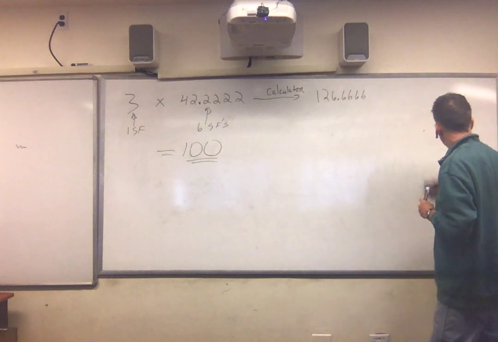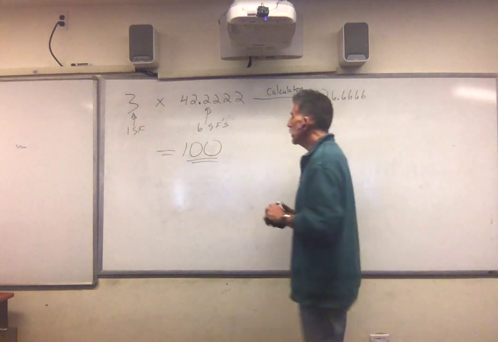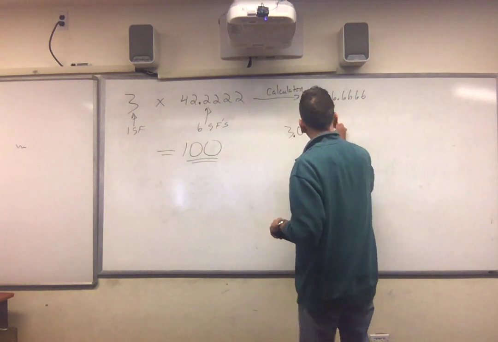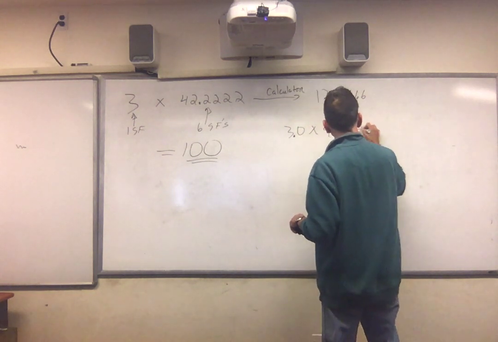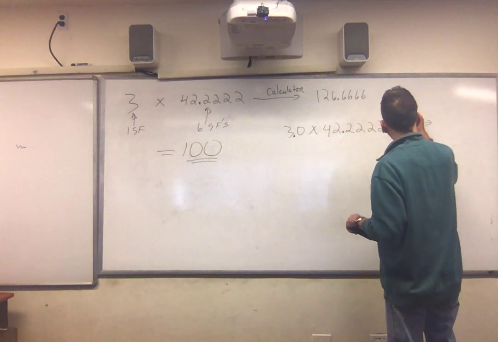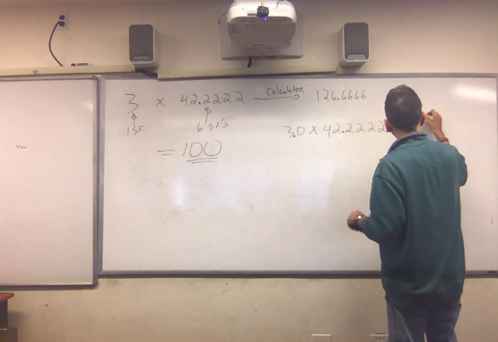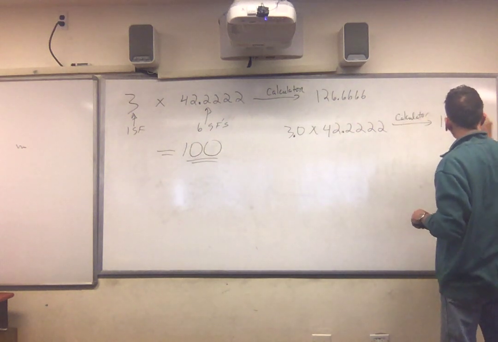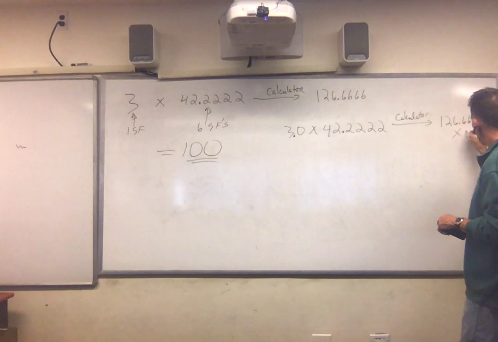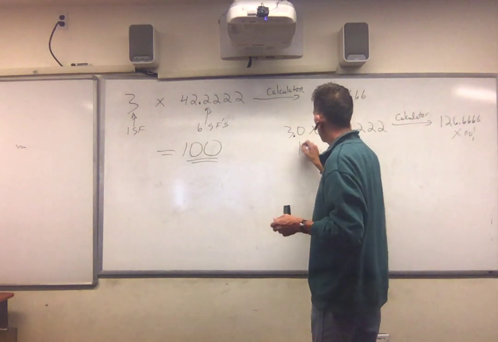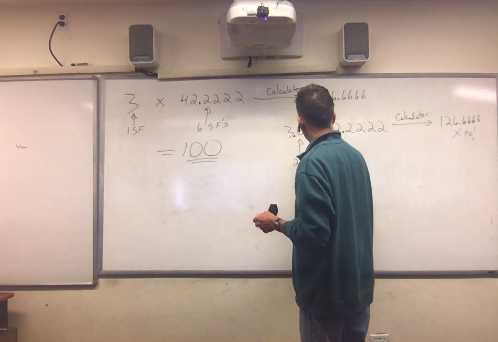Same problem. Suppose now I say, what is 3.0 times 42.2222? Once again, our calculator gives us 126.6666. But that's not the answer, no. Our answer must have two significant figures, remember?